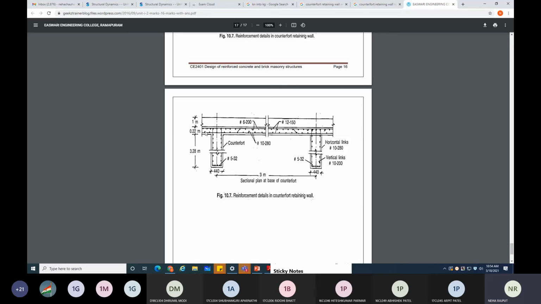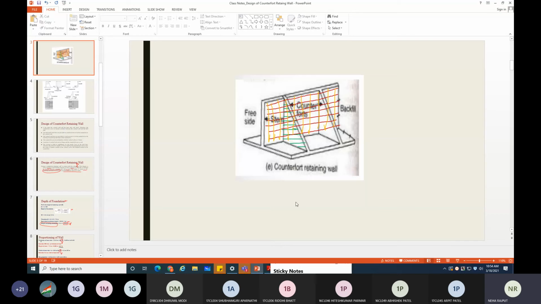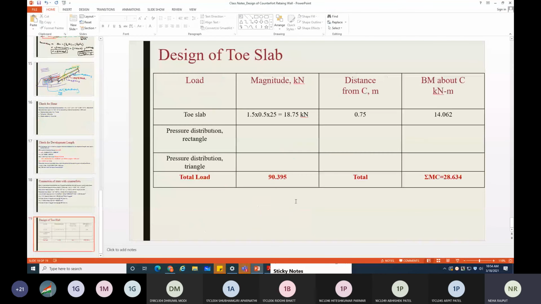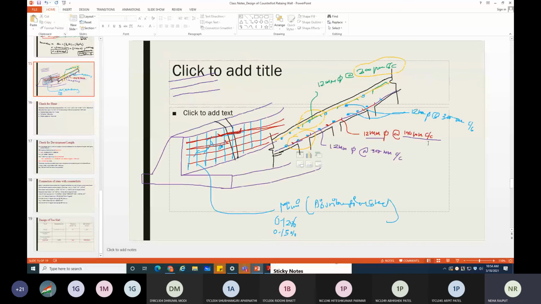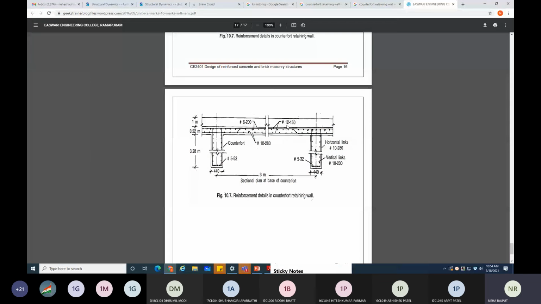Now see this reinforcement 6 diameter 200, तो वो जो dotted है वो dotted means the vertical one, और 12 150 मतलब देखो ये जो solid line है टॉप की और बॉटम की दोनों की 12 150 का provide किया है. हमारे में वो कितना था, हमारे में था वो 12 190 और 12 300, और यहाँ पे है दोनों साइड same है 12 150 12 150. फिर ये देखो ये साइड पे जो dotted है वो है 10 280 का और यहाँ पे है 6 200, राइट?